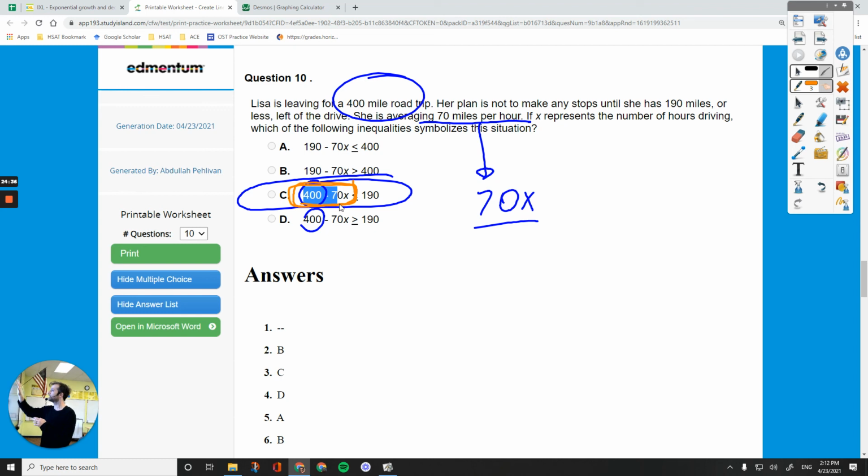It's going to be less than or equal to 190 according to that sign, which is what she wants: 190 or less. But according to D, the miles left is going to be greater than or equal to 190, which is why it is wrong. So the answer is going to be C for that last question.